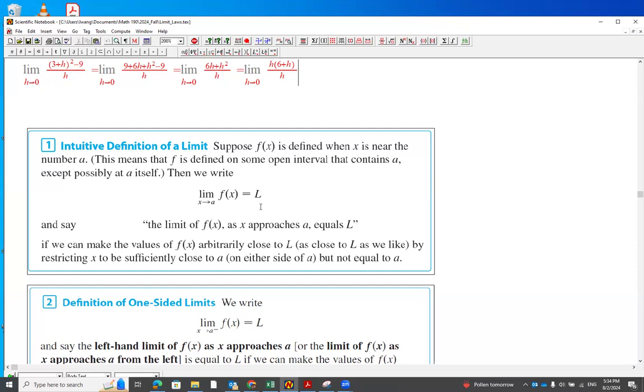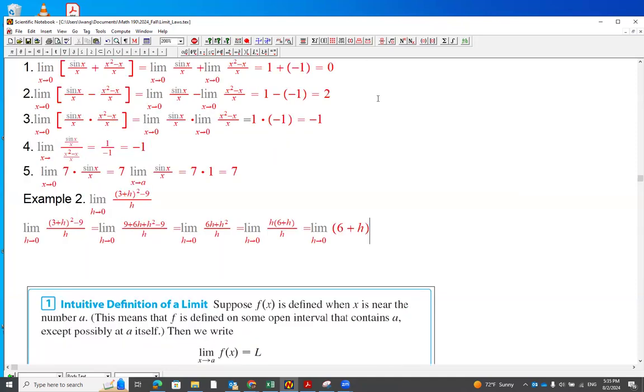But that's fine, because we just want h approaching 0. 0 is not in the domain. The function is not defined there. It's okay. Actually, it's good, because if h is approaching 0 but not 0, we're going to use the fact that h is not 0, and we can simplify the h. We can reduce the h. Then we will end up with 6 plus h after the reduction.